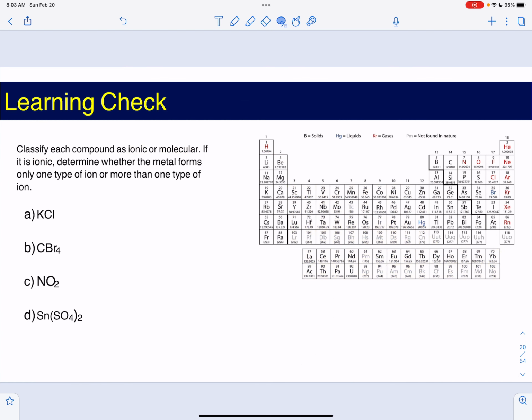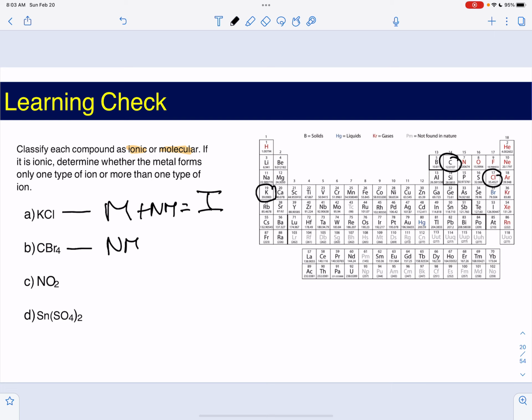So back to the question. Ionic or molecular? Let's begin with that. So this one has potassium, which is a metal, and chlorine, which is a non-metal. Therefore, this one is ionic. This one has carbon, which is a non-metal, combined with bromine, which is a non-metal.